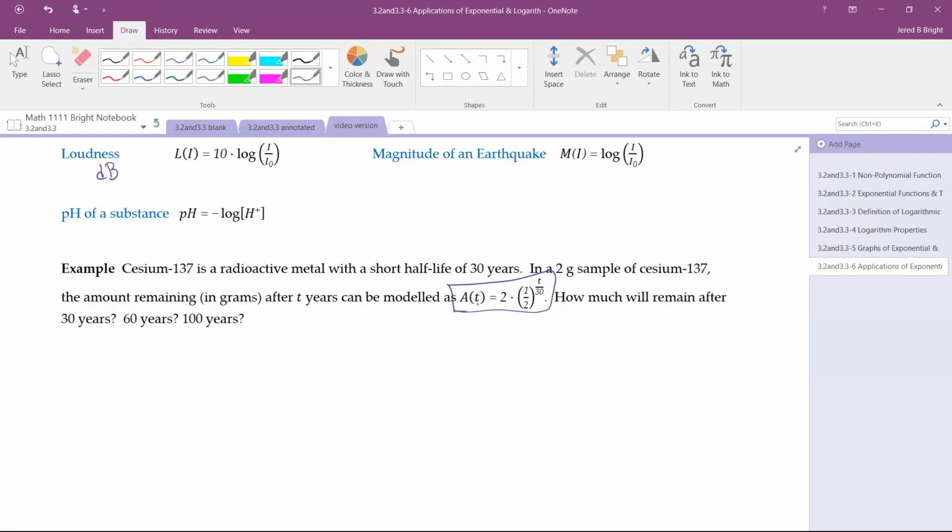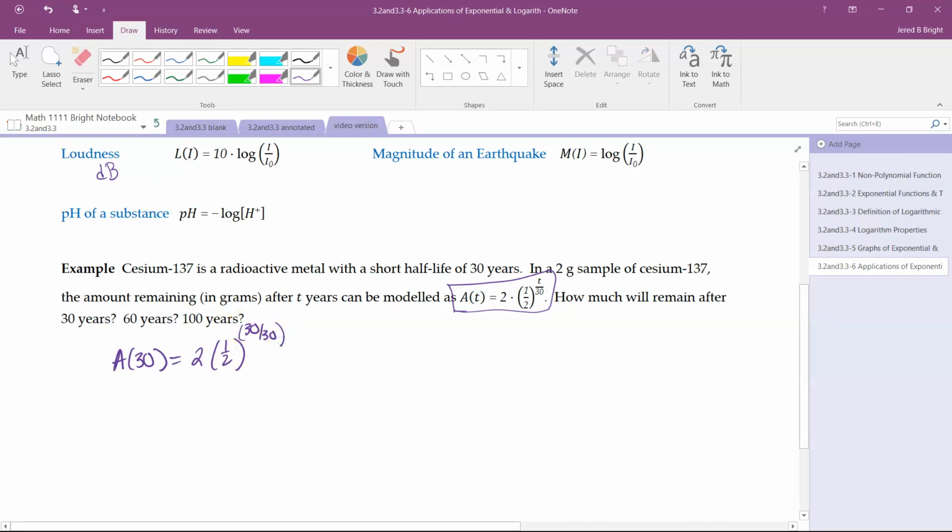This one might be a little bit more straightforward than the ones we will see later on. All it's asking us to do is compute A of 30, right? A of 30 years. So I would plug that in and do 2 times 1/2 with the exponent of 30 over 30, or 1.